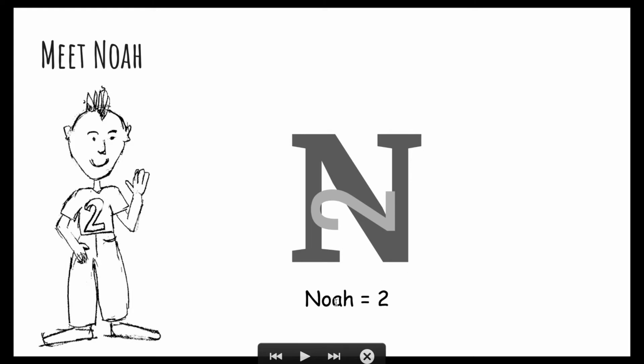And in the major system, vowels and vowel sounds don't have any value. So if I add OAH to make n into Noah, the value of this word is still 2.